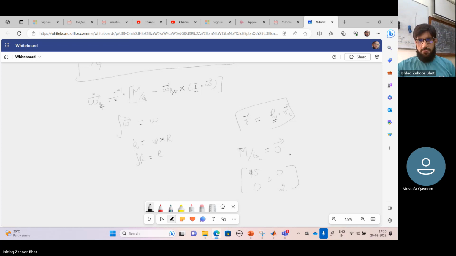So I was saying that there is a tennis racket theorem, or intermediate axis theorem, or Dzhanibekov effect. It is also known as that. So what it says is about the intermediate axis. Which axis was the intermediate axis? The one with 3. So if we try to rotate it about this axis, I will throw it.